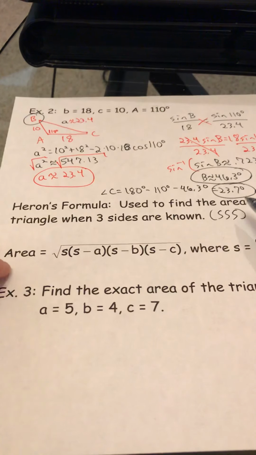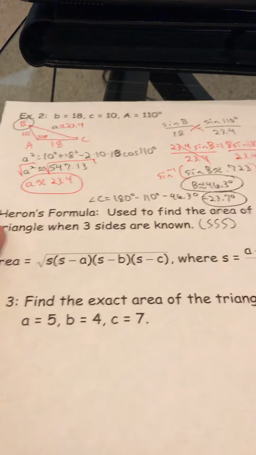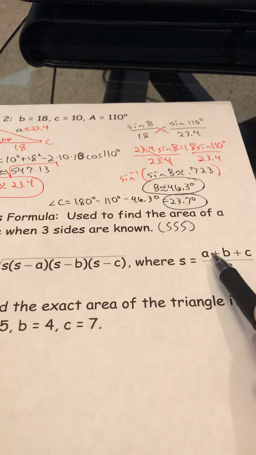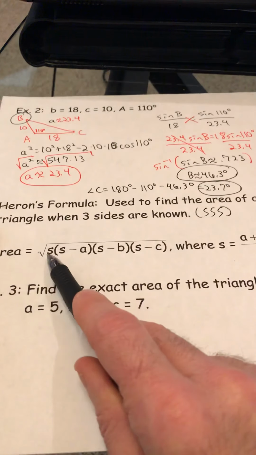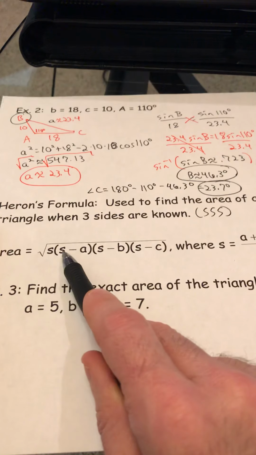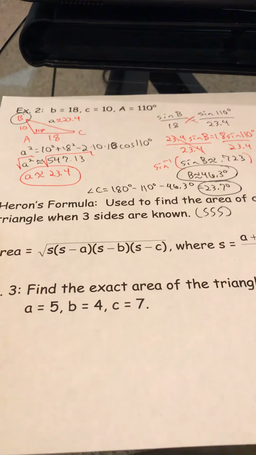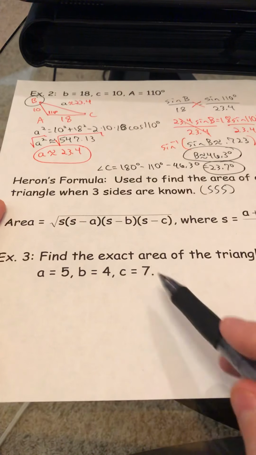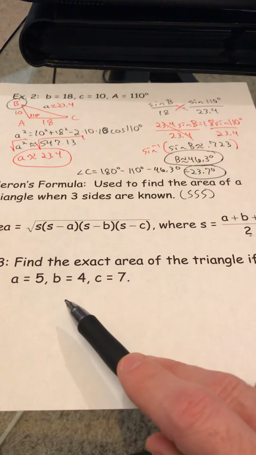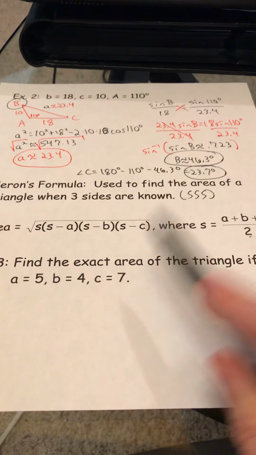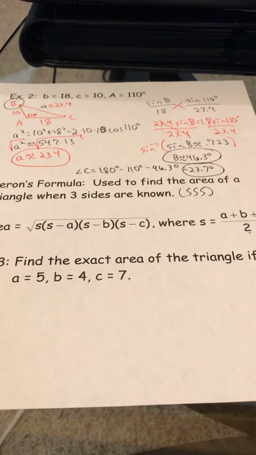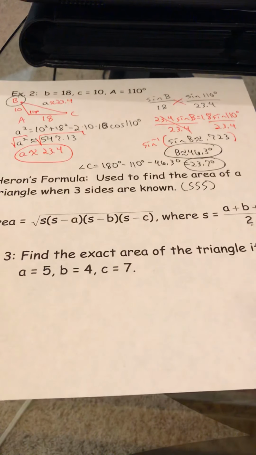Now, when you know all three of these sides, you have to find this quantity s, where basically you add up all three sides, divide by 2, and then you take that value and subtract each side length, multiply them all together with s, and take the square root. So, if you have a triangle where the sides are 5, 4, and 7, and we're going to find the exact area of that triangle, well, first thing we're going to do is find s.